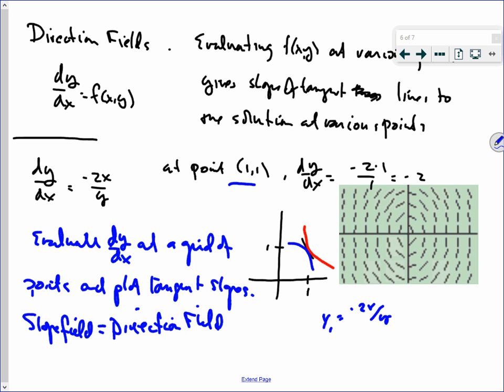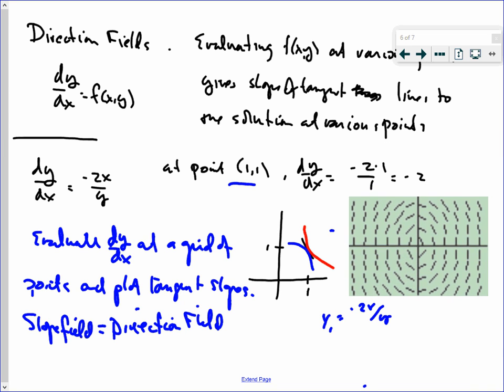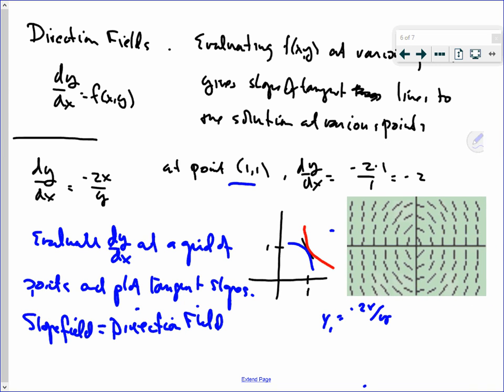I have set this up so that the graph I have copied here is from negative 6 to 6 on the x, and negative 4 to 4.